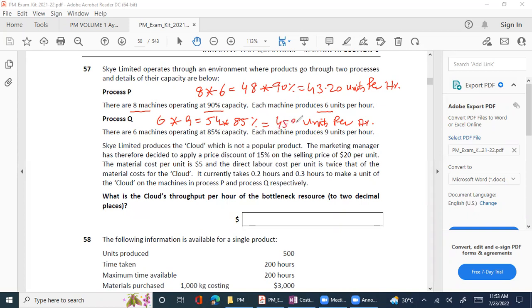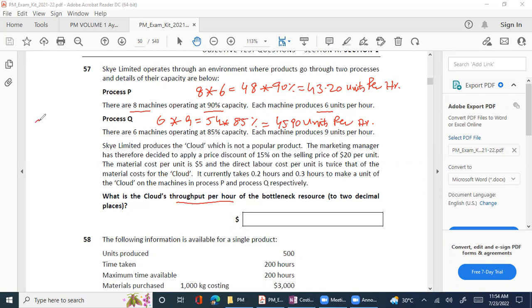So what do you think? Which process is a bottleneck? The one which is slower. So basically process P is producing a lesser number of units. So process P is the bottleneck resource. So this is identified. Then what we need to find is throughput per hour.